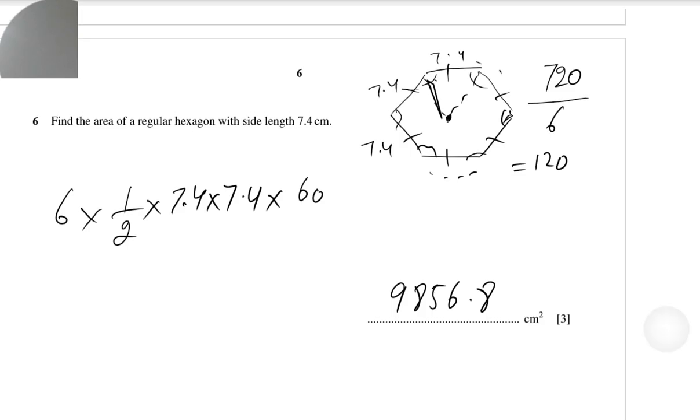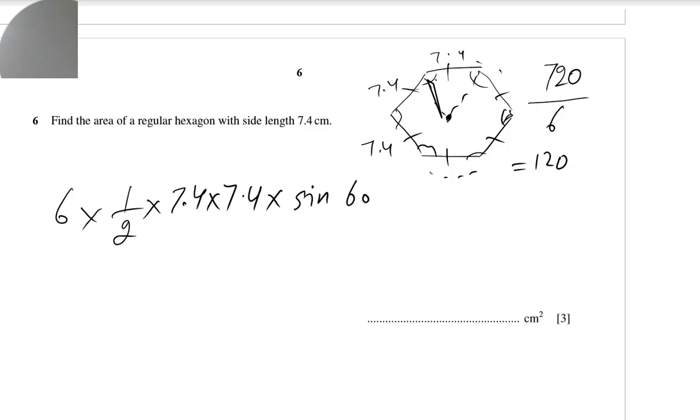I don't think so. Oh, yes, I have made a mistake. I forgot to take the sine. I was wondering that was too big an answer, so it should be sine of 60. Yes, now we are talking: 142.3.